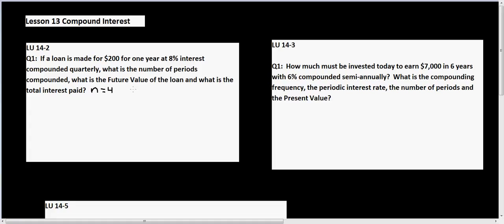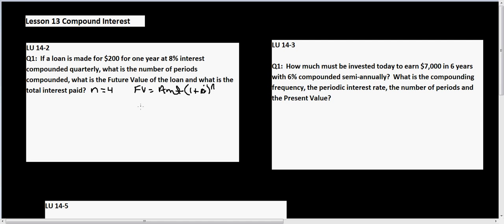The formula we are going to be looking at is a future value is going to be the value of the amount times 1 plus the interest, I, times the number of periods as your exponent factor.